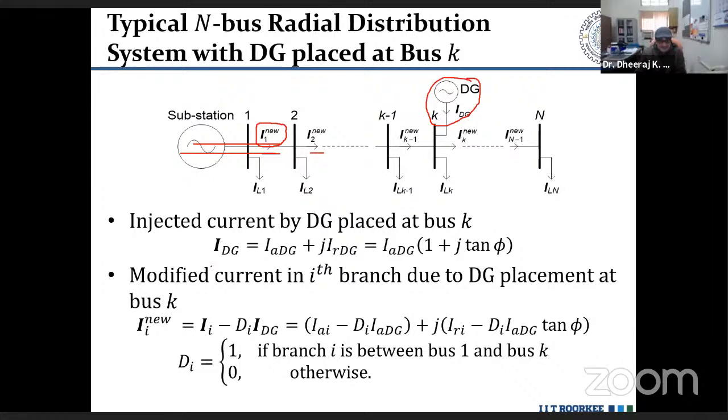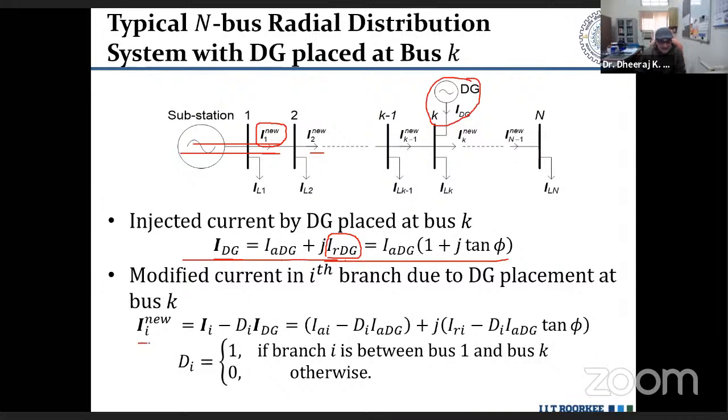And this is the DG current. Again, we have expressed it with the help of active component and reactive component. If we assume that the power factor is constant, we can replace this by the active component and power factor. So this is the final expression for the DG current at bus number K.